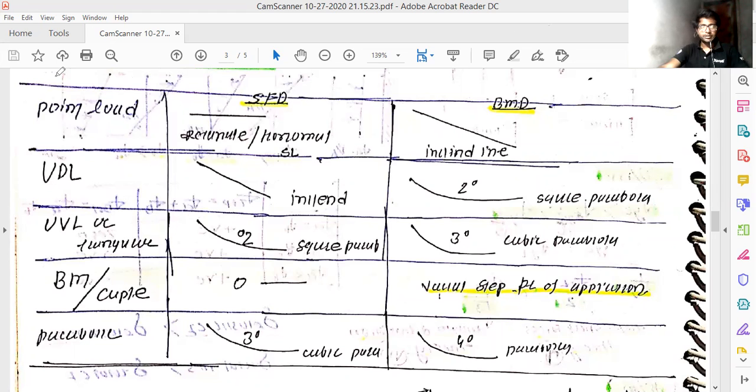So first I'm going to take a point load. For the point load, the shear force diagram will be rectangular, a horizontal uniform kind of shear force diagram will be given. So this kind of diagram you can see on the shear force diagram.